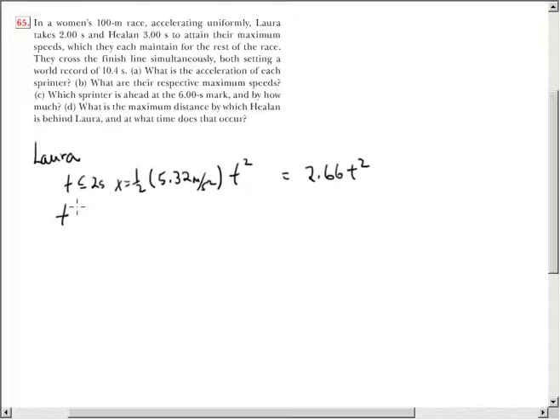For t greater than 2 seconds, we have that the position is equal to the position that occurred during acceleration plus 10.64 meters per second times (t minus 2.0 seconds), the time of acceleration.